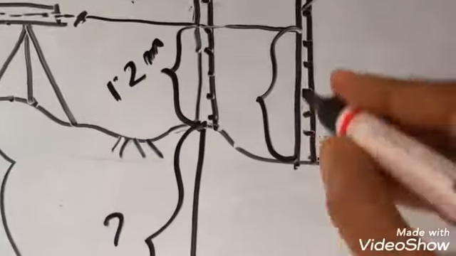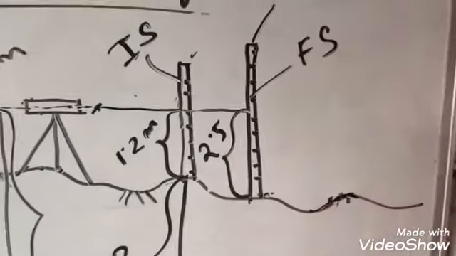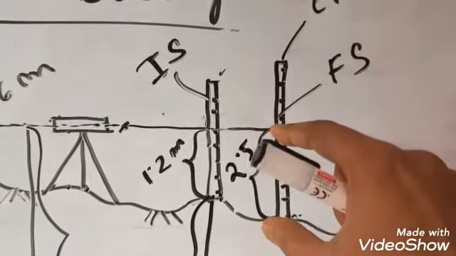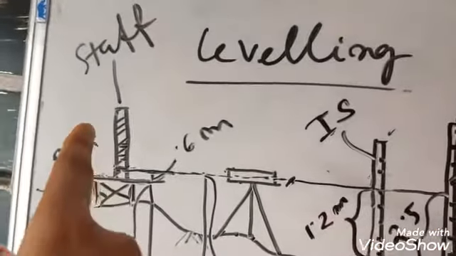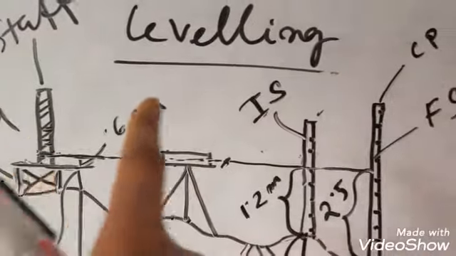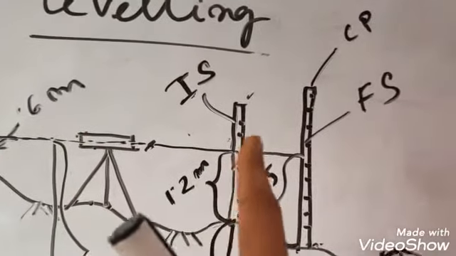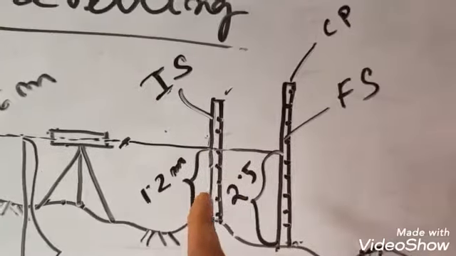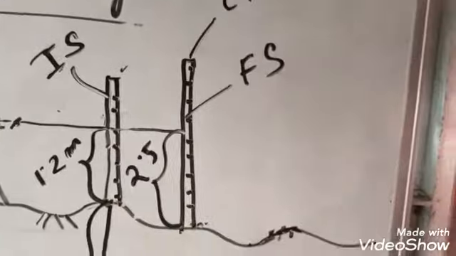Suppose this height is 2.5 meter. So this height of 2.5 meter is going to be called foresight. The very first reading which is taken on the benchmark is called backside. After the backside, the readings which we take are called intermediate side, and the last reading from this position is going to be called foresight.